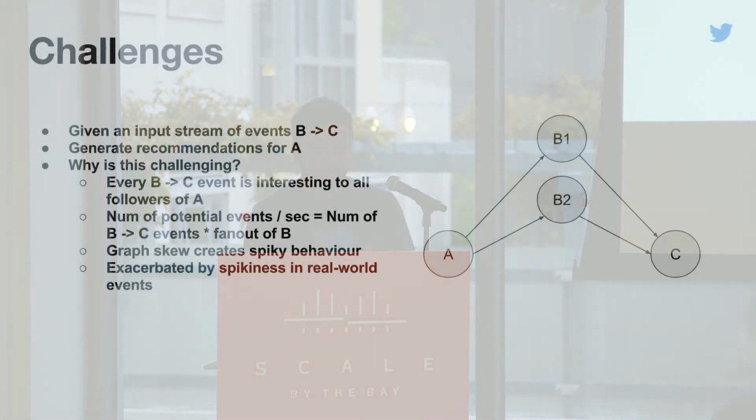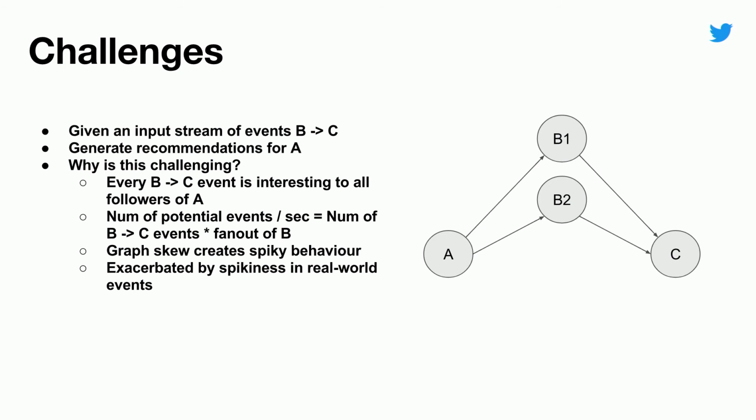So what are the challenges here? So how many of you have heard of the fire hose? Cool, yeah, so a lot of you. Twitter has a fire hose that is a service that we provide externally as well, which is the set of all tweets and engagements that happen on the platform.